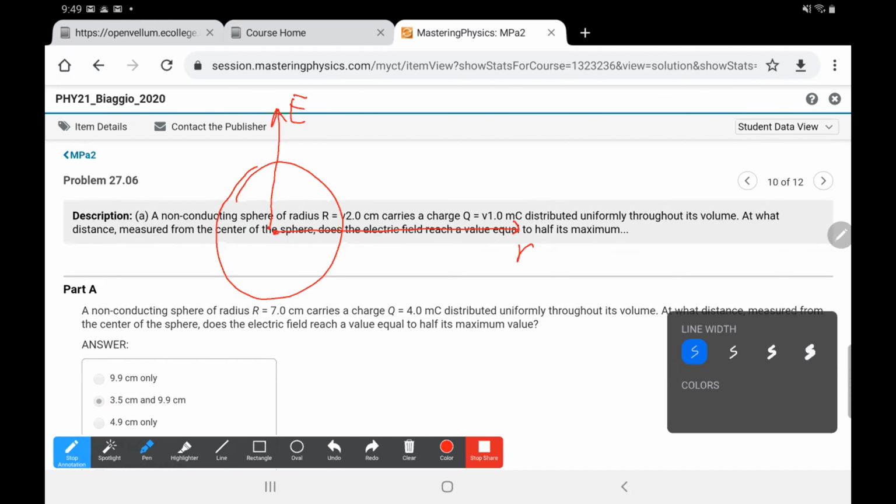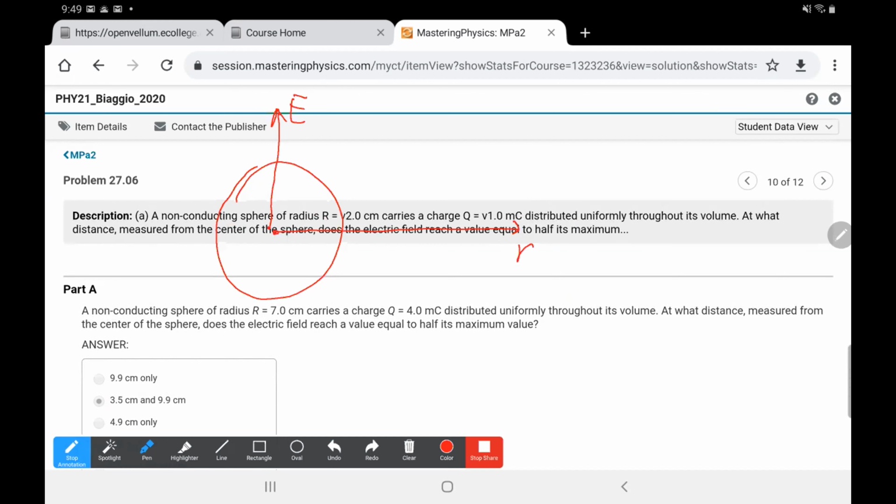So hold on. If we want to calculate the electric field outside the sphere, the radius here is capital R. Okay, small r larger than capital R, and we can sketch a closed sphere. Okay, we sketch a closed sphere, and this sphere has a radius small r, and we can calculate the flux.